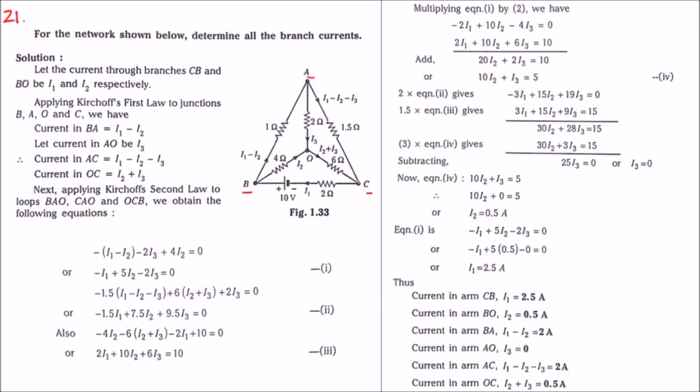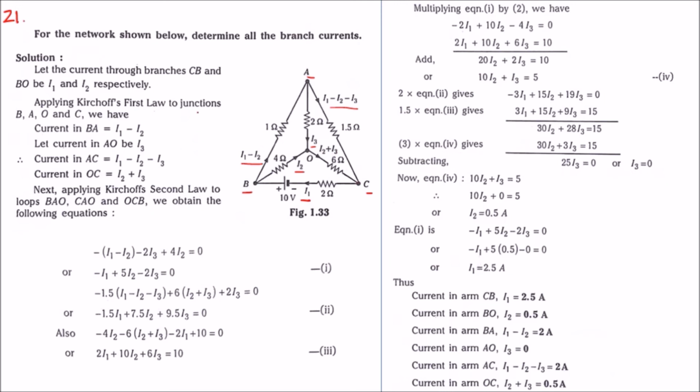So let us name the current in CB as I1, and it is divided, and the branch current BO is I2, the branch current BA is I1 minus I2, the branch current AC is I1 minus I2 minus I3, the branch current AO is I3, and the branch current OC is I2 plus I3.